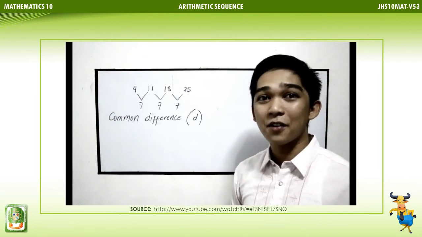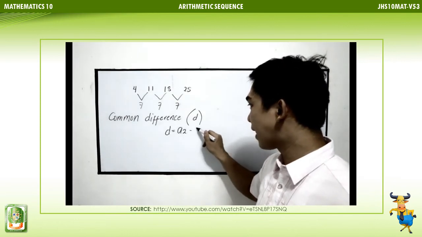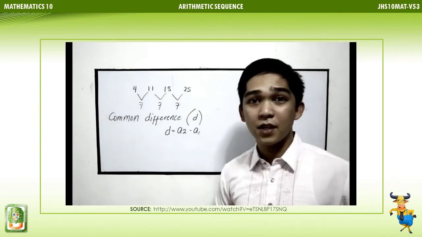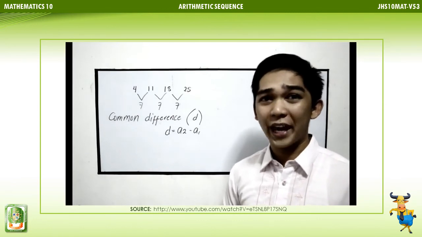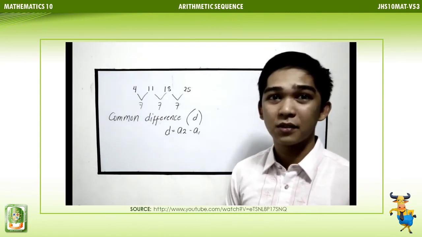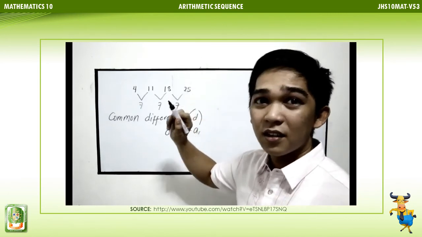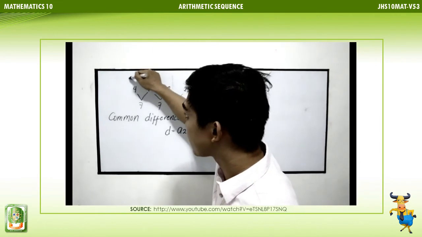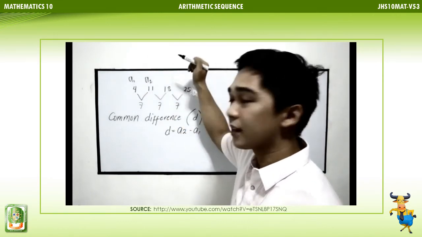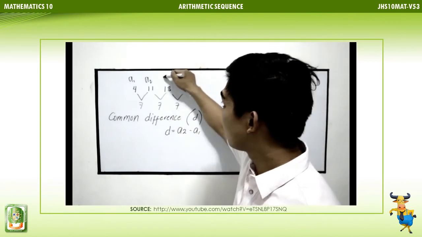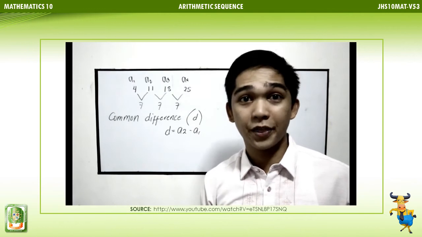Our formula for that is a2 minus a1, or a3 minus a2, a4 minus a3, or a5 minus a4. What are a1, a2, a3? a1 is our first term, a2 the second term, a3 the third term, and a4 the fourth term.